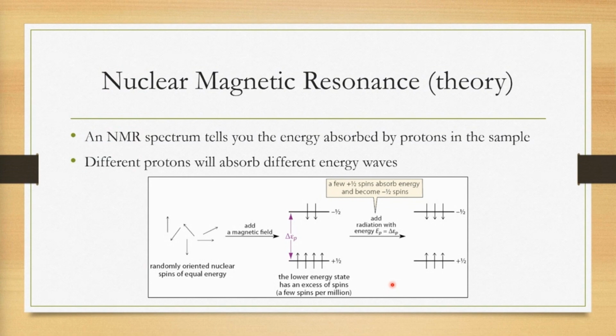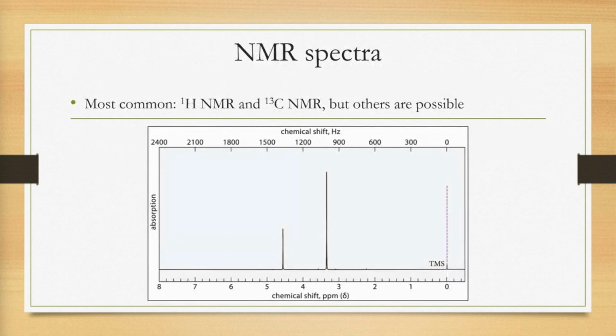So I have an example of an NMR spectrum on the next slide for a molecule. First, I'll say that TMS is something that's often used as a reference point. It's a molecule that shows a peak at 0. So you can always make sure your instrument is working properly and aligned at 0.